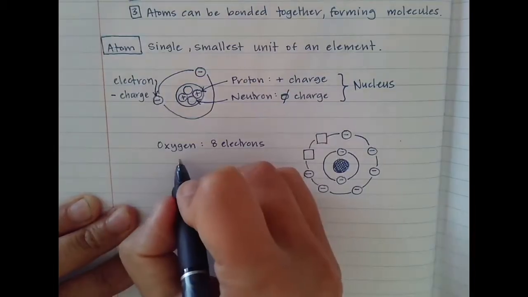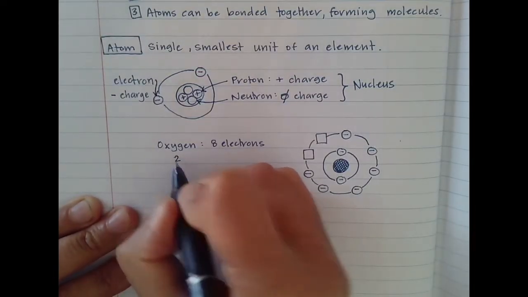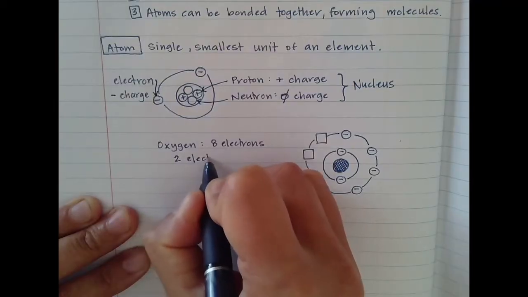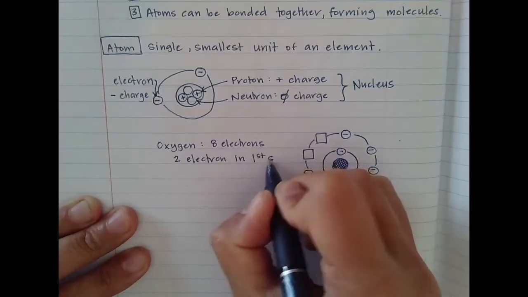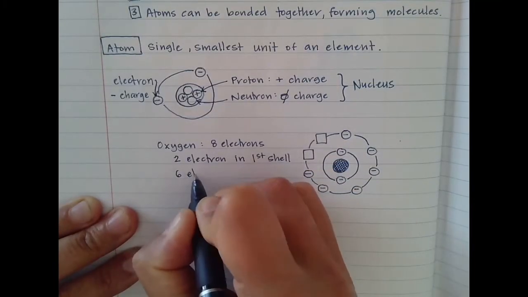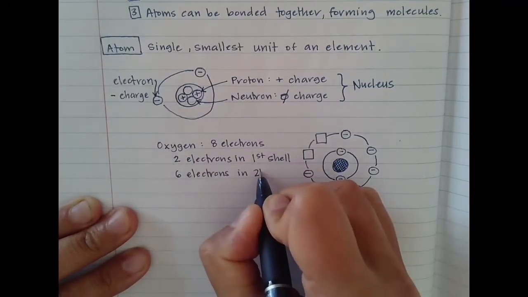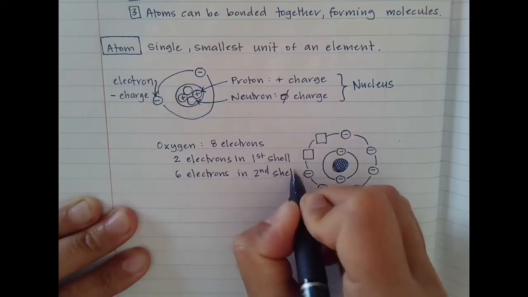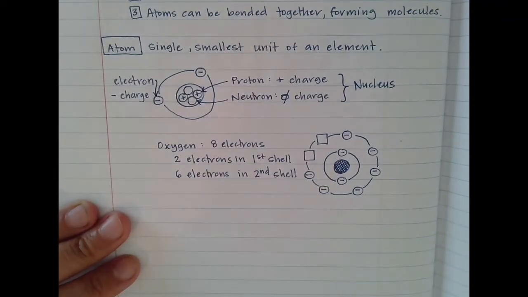So there are going to be 2 electrons in the first shell, 6 electrons in the second shell, and then these 2 empty spaces. Those empty spaces are going to be really important when we start talking about bonding.